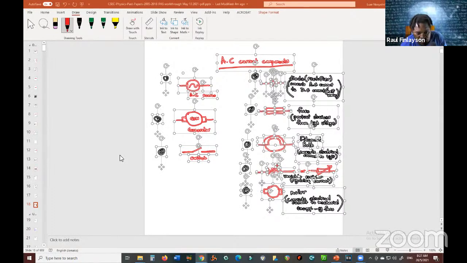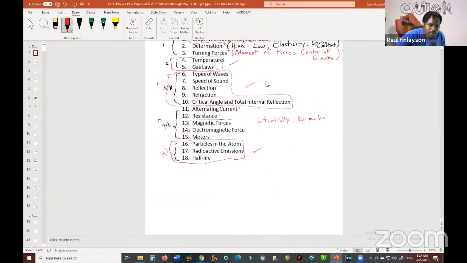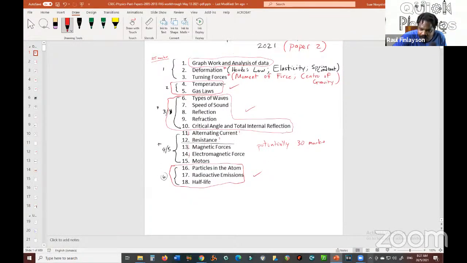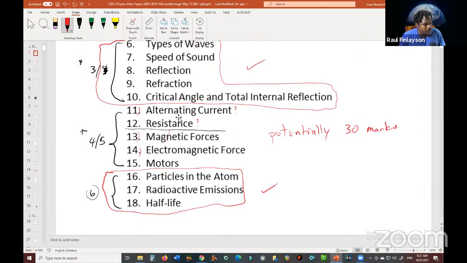All right. Just remember that resistance is the opposition, or basically the restriction of the flow of current in a circuit. It's just the restriction to the flow of current.